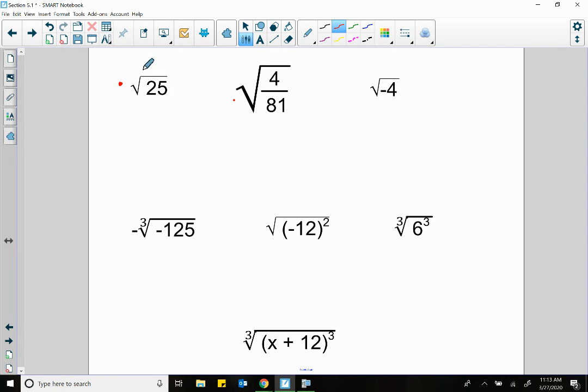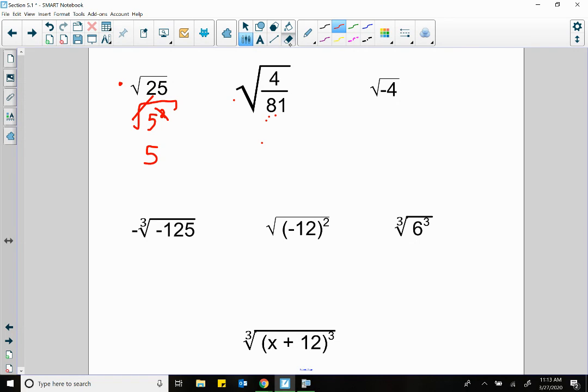So you saw that this number was on our list of perfect squares. That's because 25 is 5 squared. Okay? And so you're taking the square root of an item squared, and hopefully you remember that whenever your root matches the power, they just cancel each other out, leaving you with 5.